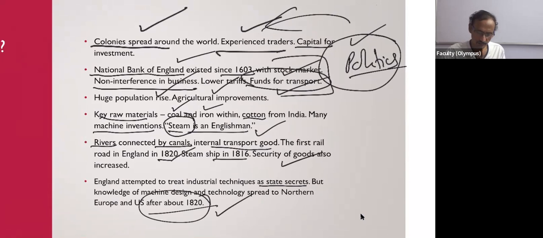But after that, things have spread. Okay. So this is how England was in the forefront of industrial revolution.